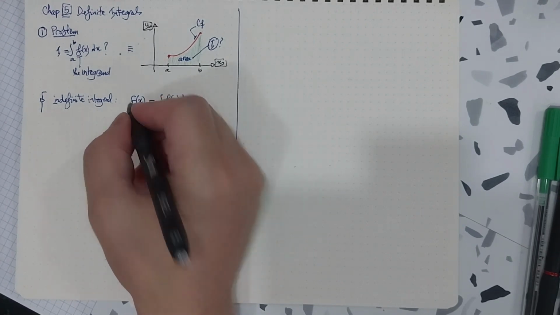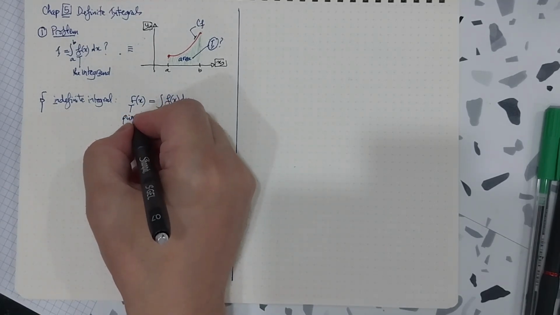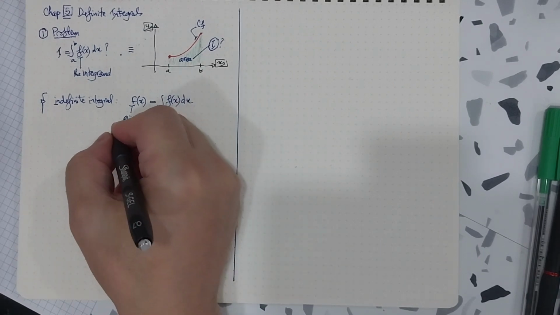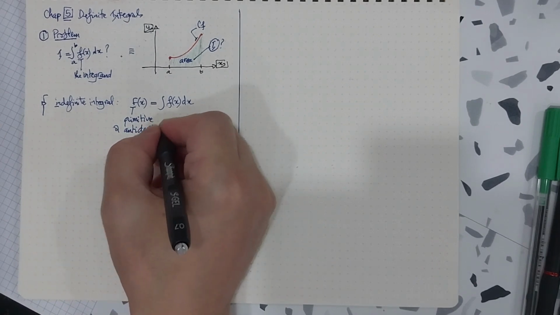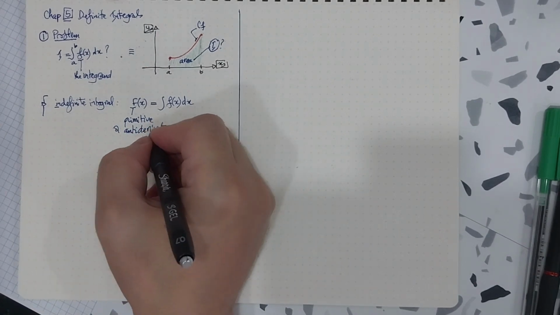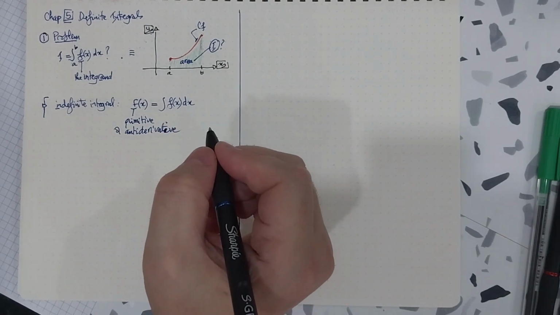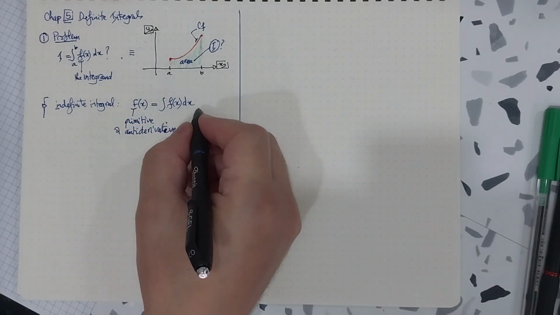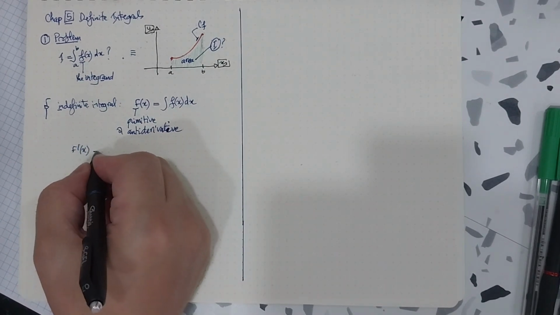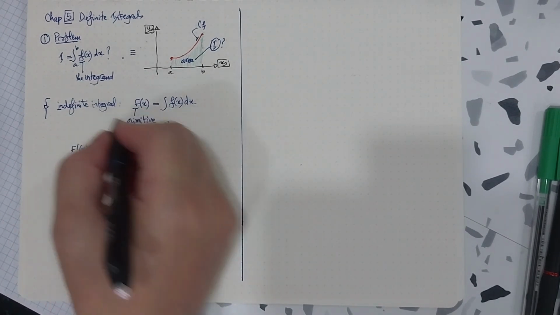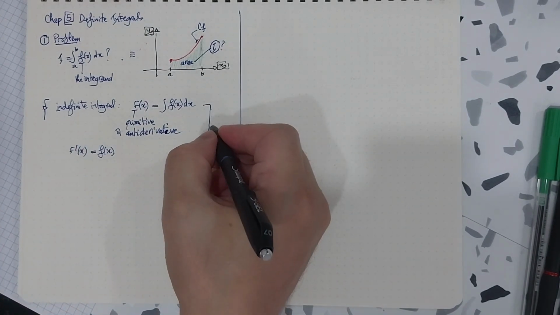It is called the primitive, or the antiderivative. Why? Because this is equivalent to saying that F prime of x equals f(x). These two formulations are equivalent.